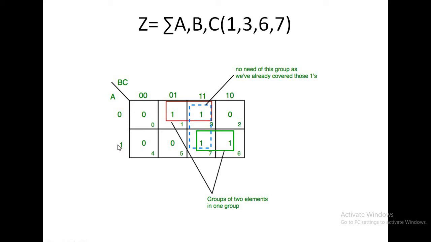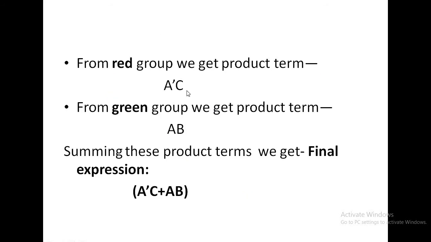This is A prime, this is A. So from this row A prime, from this column C. So from this red group, I can derive the expression A prime C.